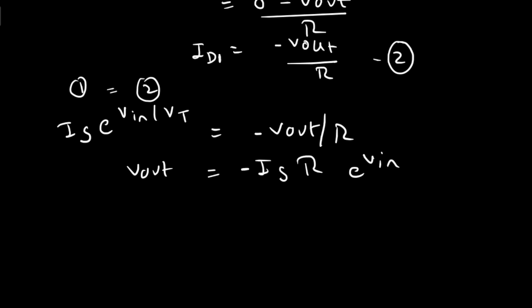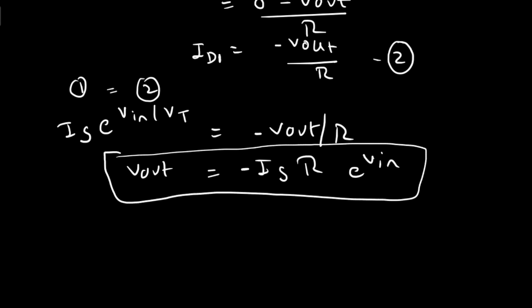Okay. Finally, V out, which can be expressed as exponential of V in. So this is the output expression for the exponential amplifier.